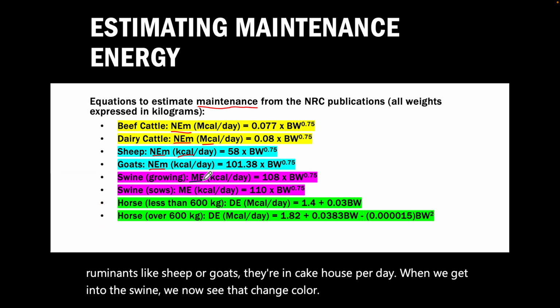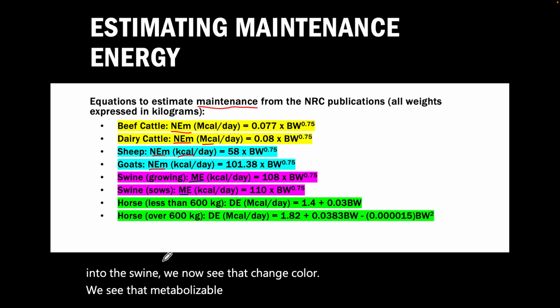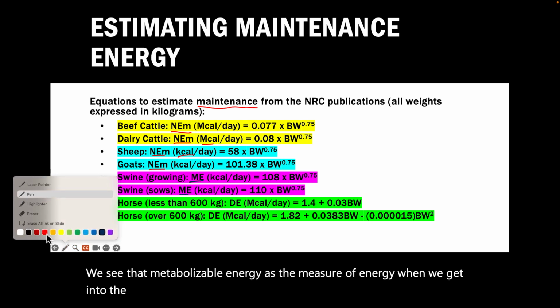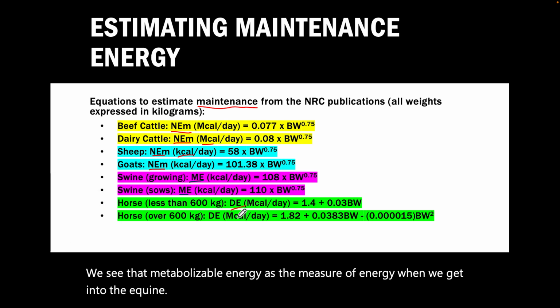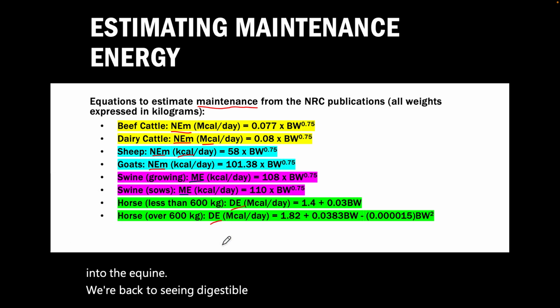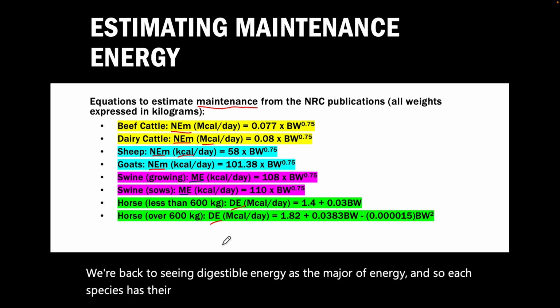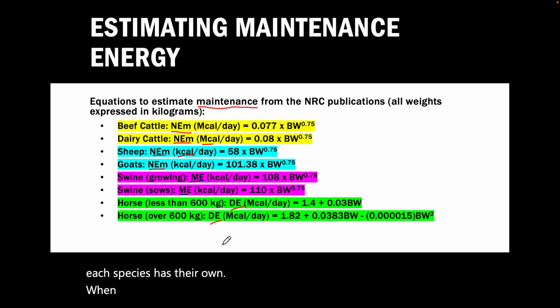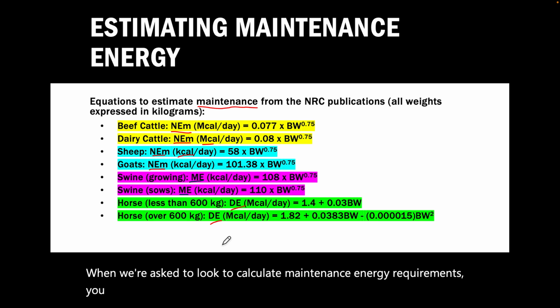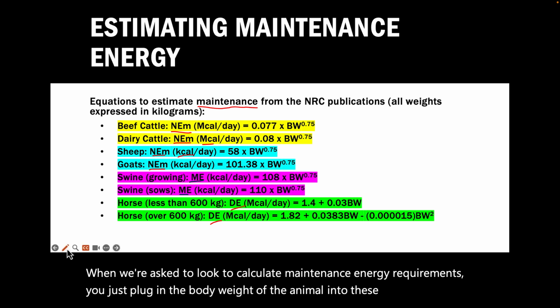We see metabolizable energy as the measure of energy. When we get into the equine, we're back to seeing digestible energy as the measure of energy. Each species has their own. When we're asked to calculate maintenance energy requirements, you just plug in the body weight of the animal into these equations.